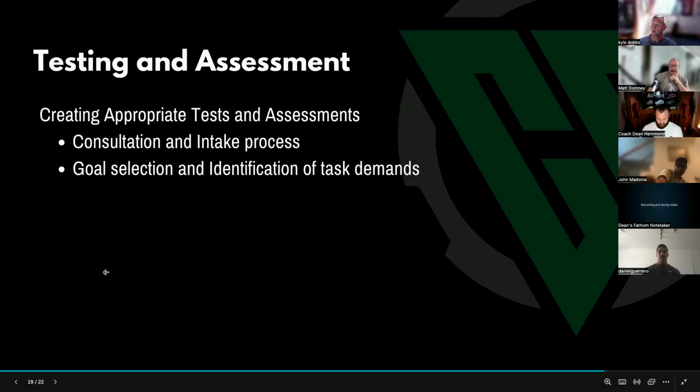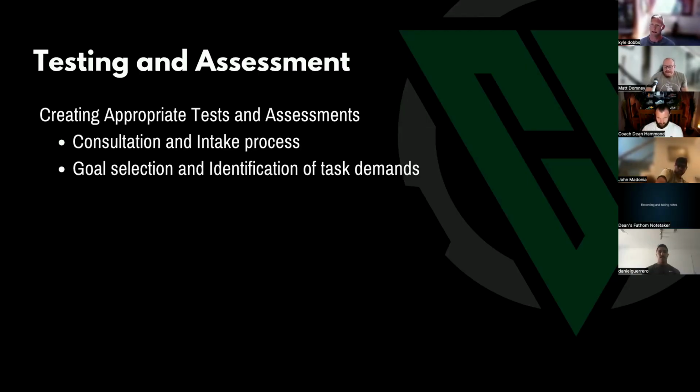Yep. So creating appropriate tests and assessments, again, this starts with the consultation intake process. This is where you get into goal selection to better understand where they are. And then the goal selection, identification of task demands, that's where we start building out testing protocols that'll actually see where they line up for things involved with force production, capacity, skill, coordination, whatever, right?